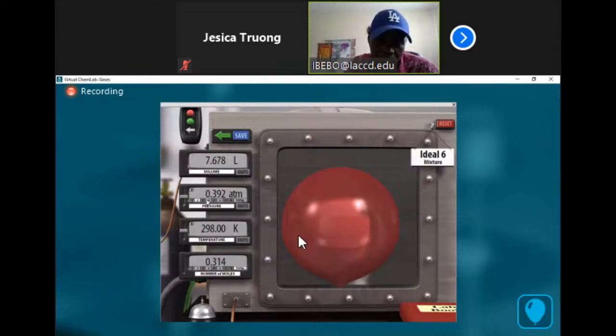You click on 4, it shows you the pressure that the second gas added. And if you click on 6, it should show you the pressure that the third gas added that make up that balloon.